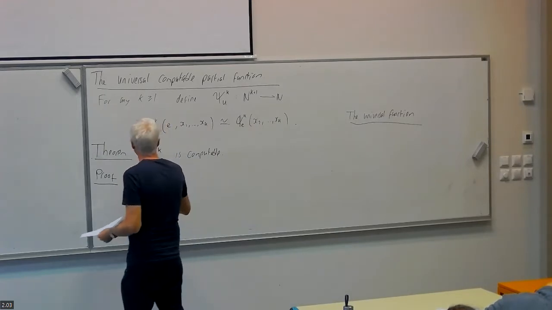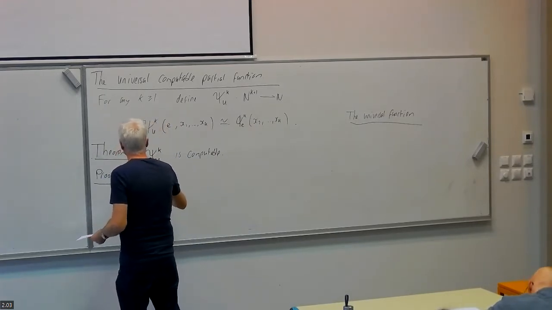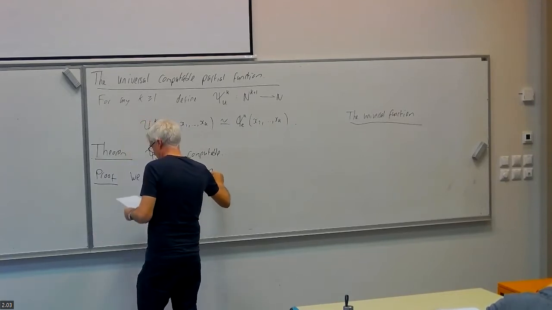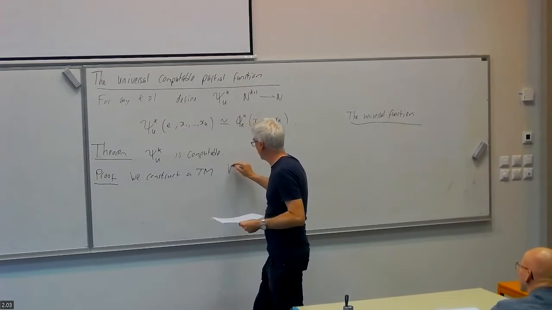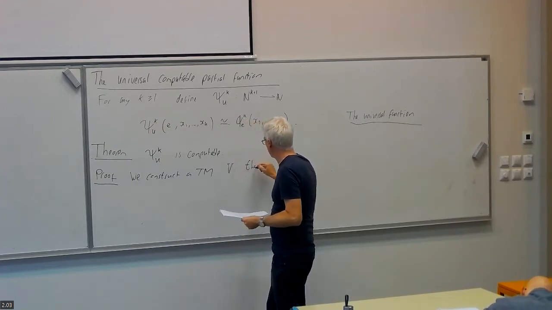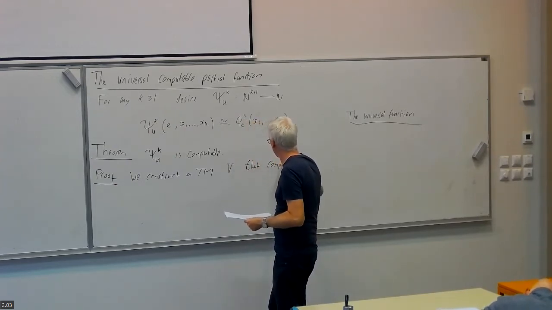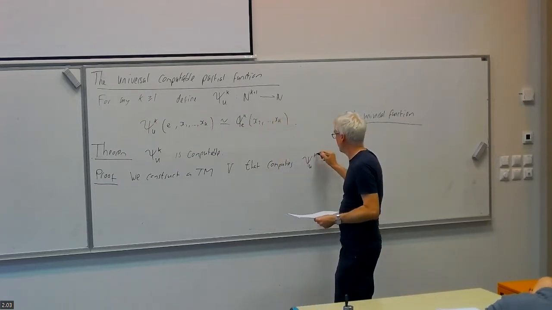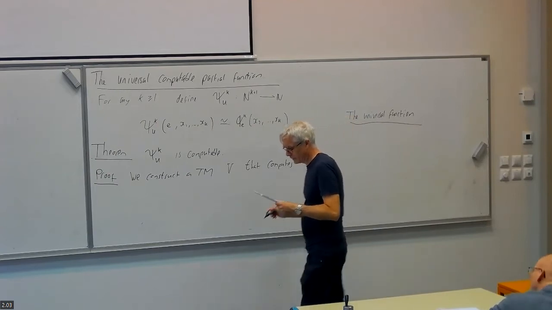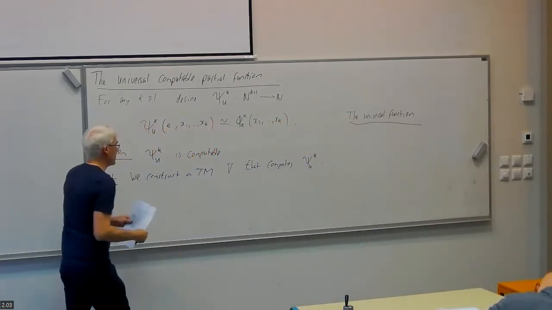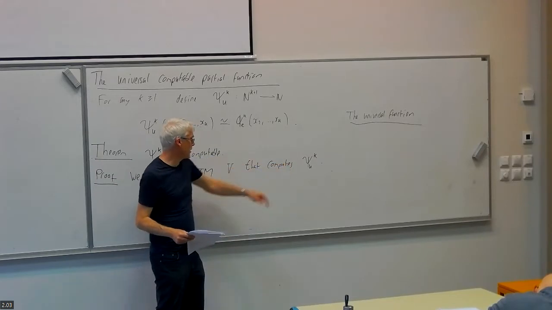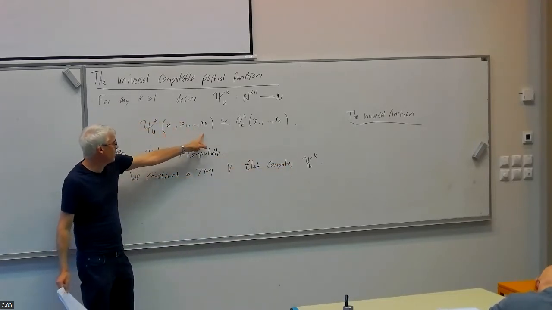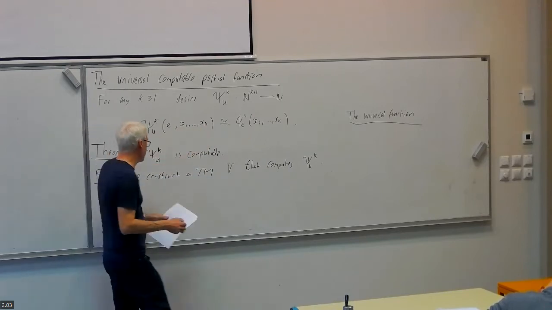So we construct a Turing machine. For some reason I call it V, that computes psi u arity k. So the input to this Turing machine V is going to be a k tuple of binary representations of numbers.